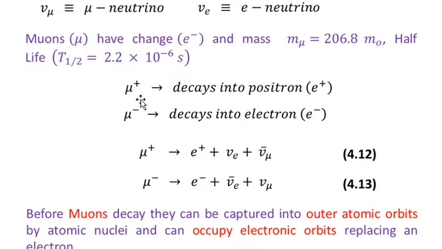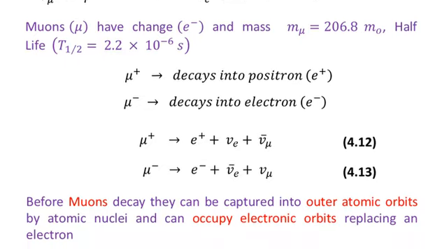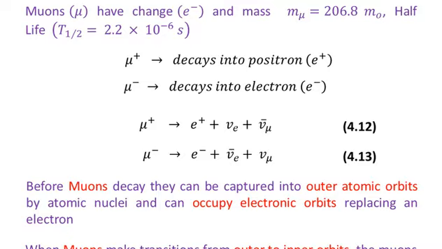Mu plus or positive muon will decay into positron, which has a charge of e plus. Similarly, this negative muon will ultimately decay into electron, giving a charge of e minus. Here I have described the decay of positive muon and negative muon.